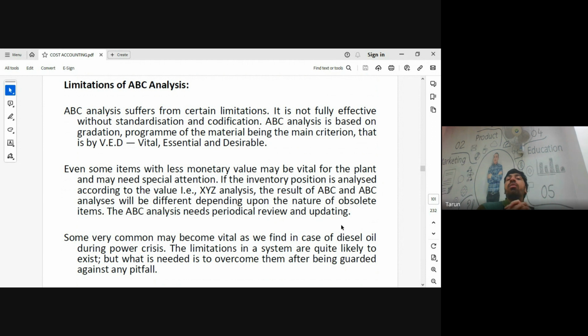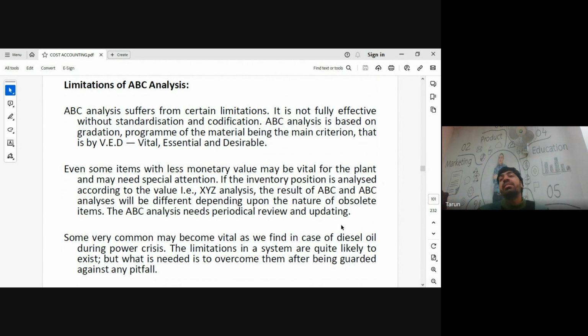And of course, it is very important that ABC analysis is based on grading the items, and it is applied through the main criteria, and the main criteria is VED. V for vital, E for essential, D for desirable. Which items are desirable, which items are essential, which items play a vital or significant role in the particular organization.